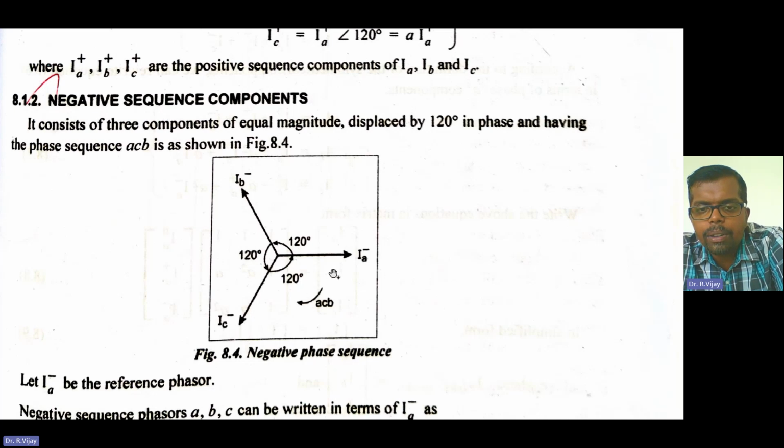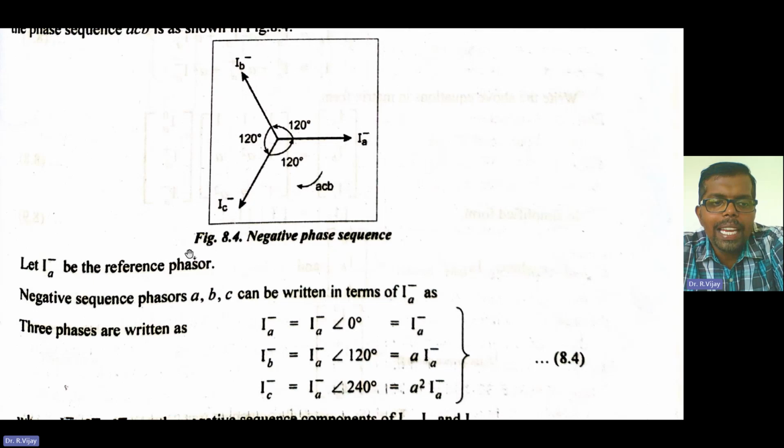Between IC negative and IA negative is 120 degree. But you need to follow the phase sequence as A, C, and B. That is in anti-clockwise direction. A, C, and B. Let IA negative be the reference phasor.